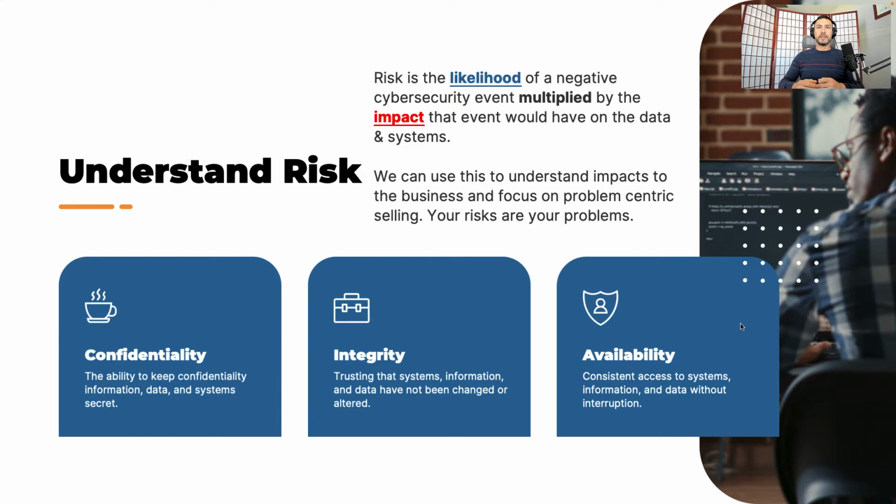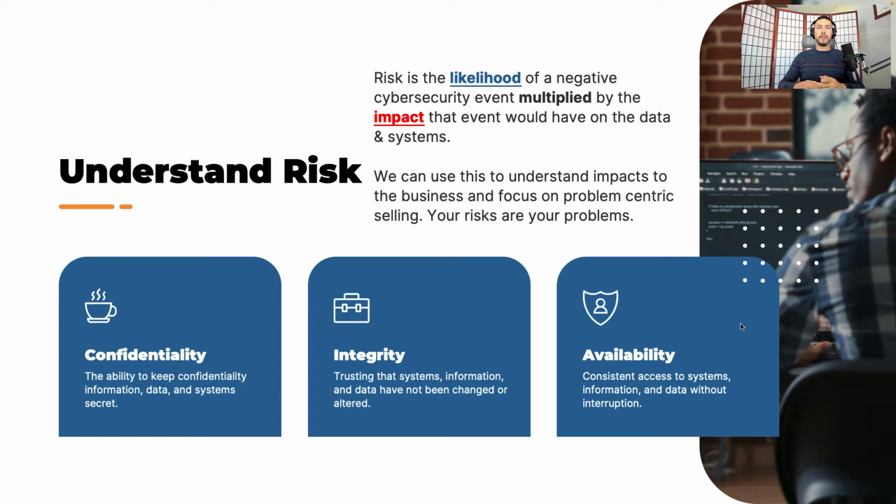So risk is the multiplication of the likelihood of a negative cybersecurity event by the impact that that event may have on data and systems. Once we understand the impacts to the data and systems, we can extrapolate how those impacts may actually impact the business as well. So what we want to do here is really home in on the impact side of the risk formula.